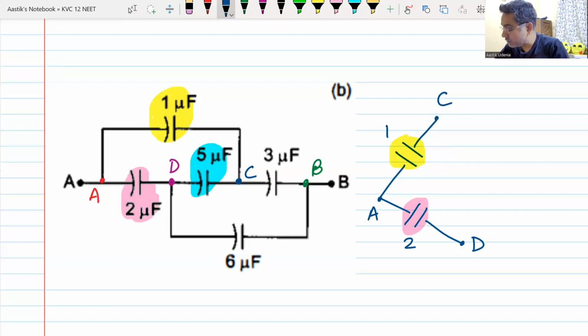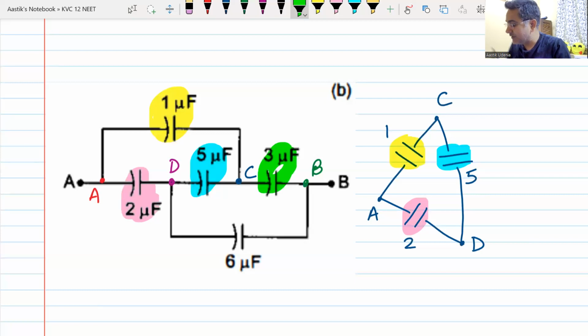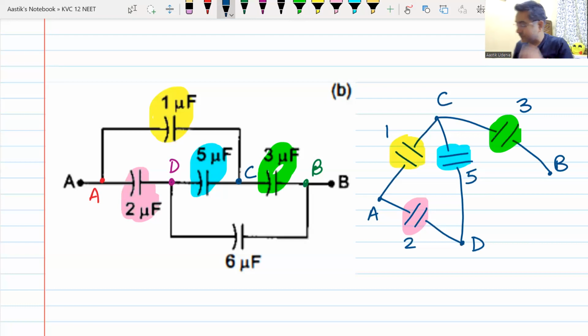So I draw this 5 microfarad blue capacitor between C and D. I repeat this process. I see a green capacitor between C and B. So this is my B. This is the green capacitor and I see the value is 3 microfarad.